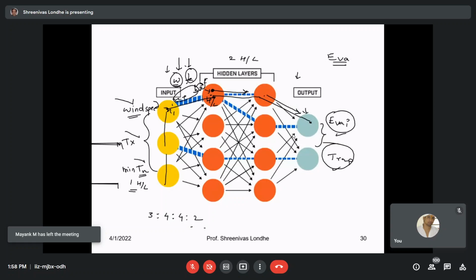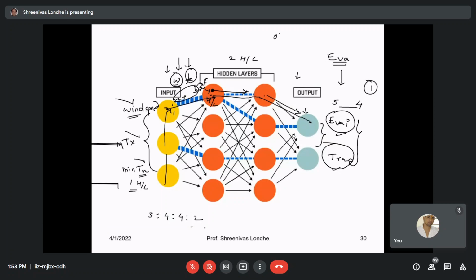Suppose my expected answer is 5 and the neural network which we have designed has given the answer 4. That means there is a difference of 5 minus 4, which is 1. The difference from the actual required value, the observed or measured value, we always call the target value. My target value is 5 and the answer given by the NN is 4.